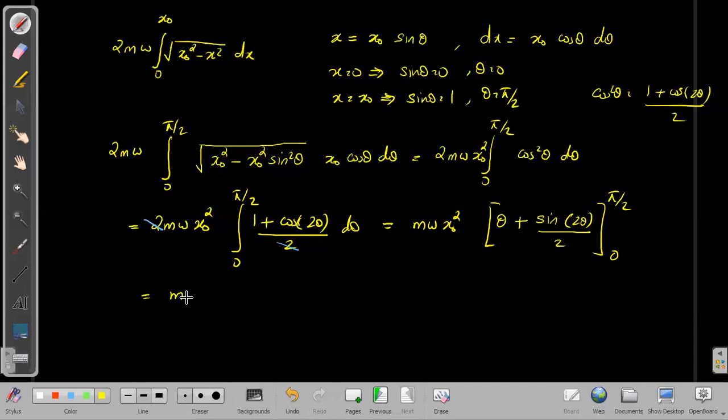If you put the limit, the sine 2 theta term would cancel, because if you put theta equal to pi by 2, that becomes sine pi, which is 0. If you put 0, again sine 0 is 0. And if you give the limit for theta, you will get pi by 2 minus 0. So the final answer is simply pi by 2.